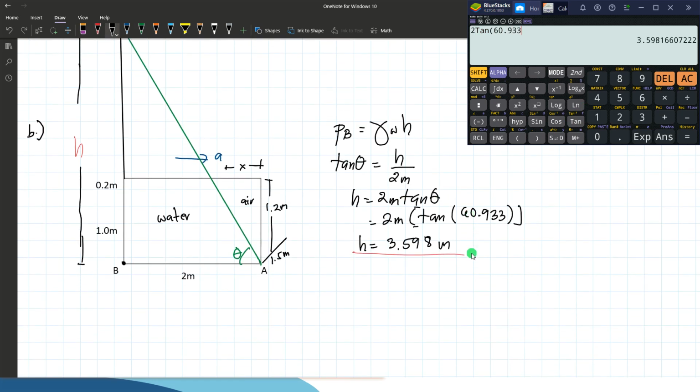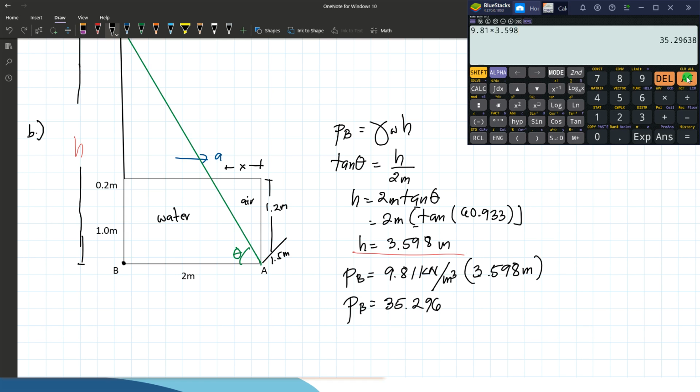From that we can solve the pressure at point B: 9.81 kilonewtons per cubic meter multiplied by h, which is 3.598 meters. P_B is 35.296 kilopascals.